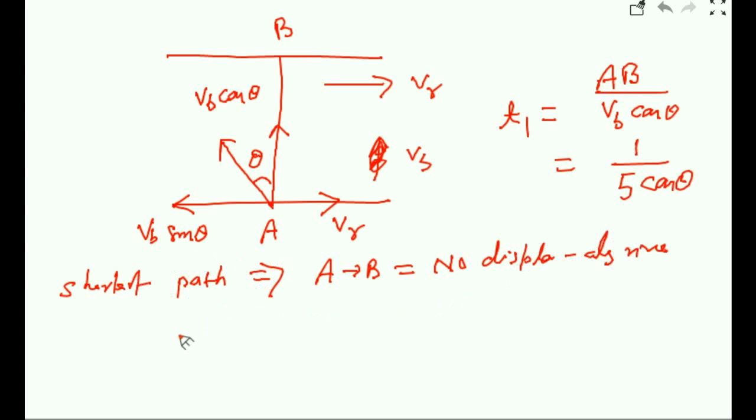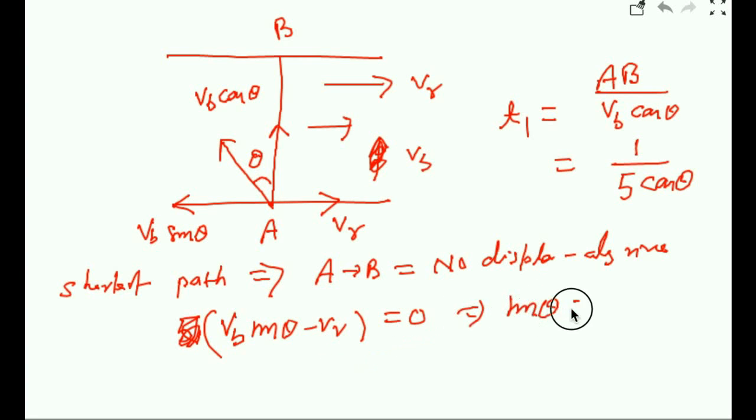So the net velocity along the river, VB sin theta minus VR, equals 0, because there is no displacement in this direction. So net velocity should also be 0. So sin theta equals VR by VB. So this is 3 by 5. So what about cos theta?